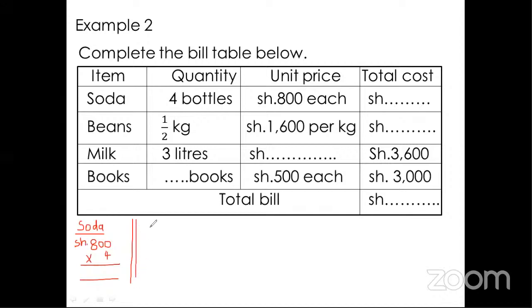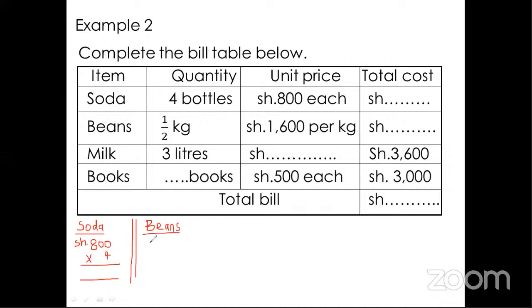The next item, you write it on top. The next item is beans, so you write here beans. Under beans, what is missing? Still, total cost is missing. For you to get the total cost, you multiply. Whether you are given a fraction or whole numbers, you have to multiply.